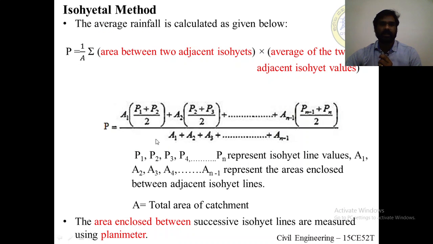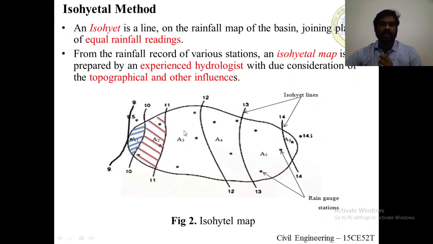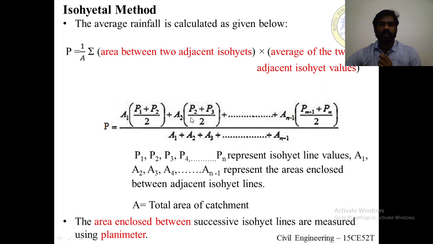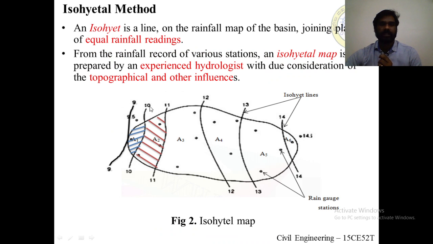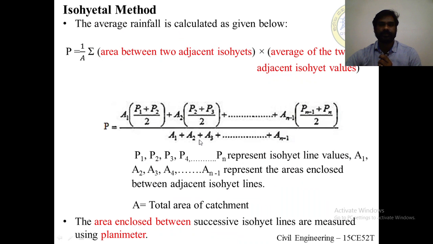For A2, the isohyet line values will be 10 and 11, that is (P2 + P3)/2. We have to average 10 and 11 and multiply it by A2. And this will be divided by the total catchment area.